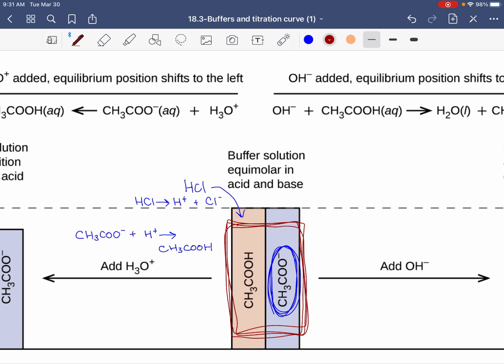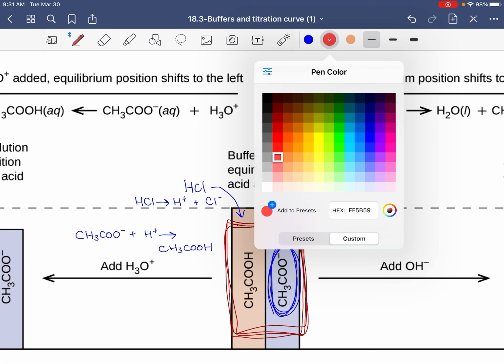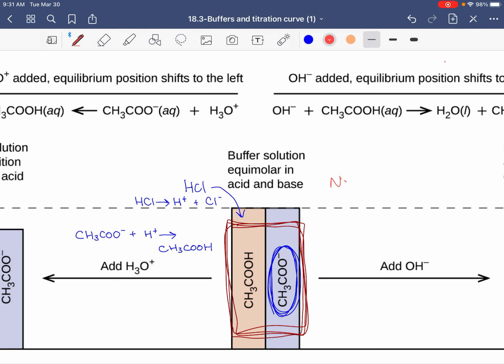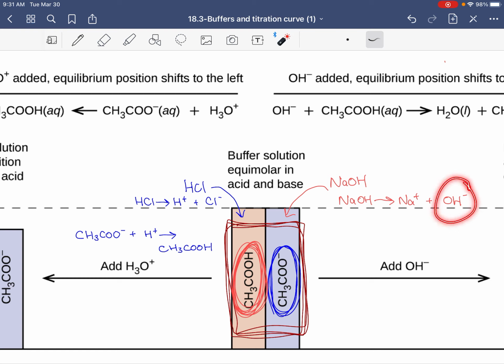Pretty neat, huh? Well, what if you add sodium hydroxide in here? Because sodium hydroxide dissociates to give you Na plus and OH minus. OH minus has the ability to raise your pH. Well, that's when this guy comes into play. This guy is going to say, hey, OH, what are you doing in here?